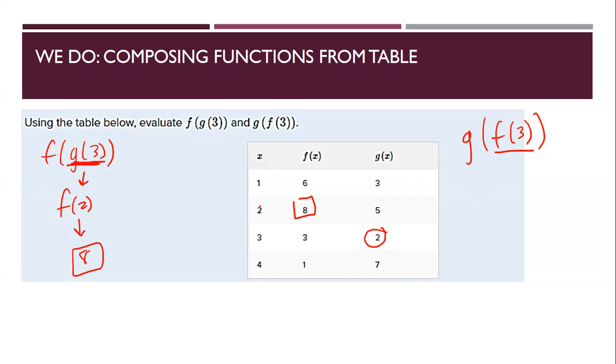F. So I'm going to go to X equals 3 and go to F of X, and I get 3. So now I'm going to substitute in a 3. Now I'm going to go to 3, but this time on table G. So I go to X equals 3, go to table G, and what do I get as my final output? I get 2. Oh, just 2? Just 2. My output is 2.